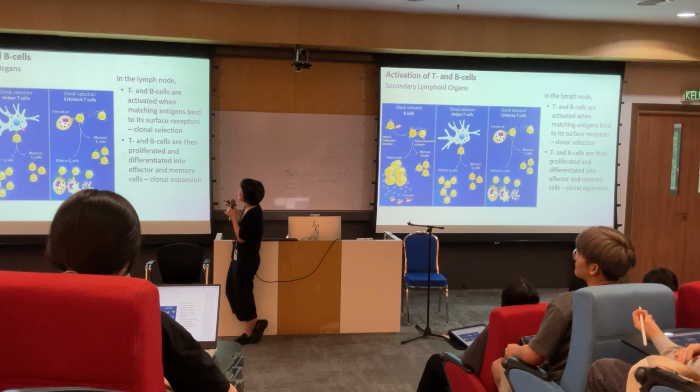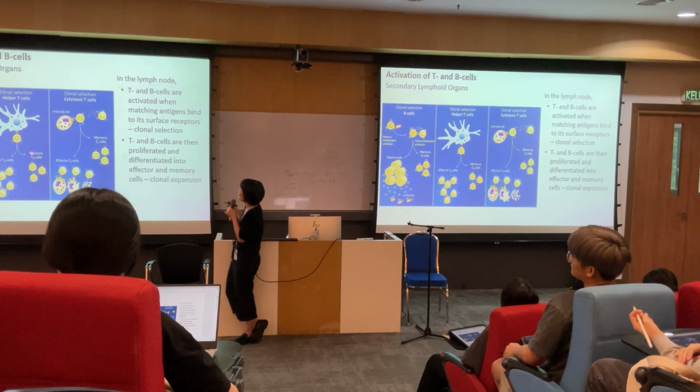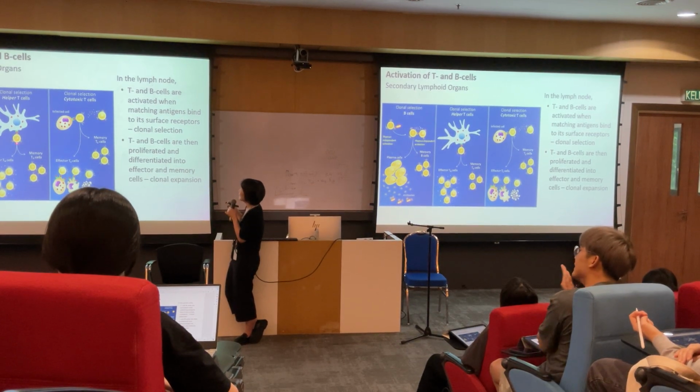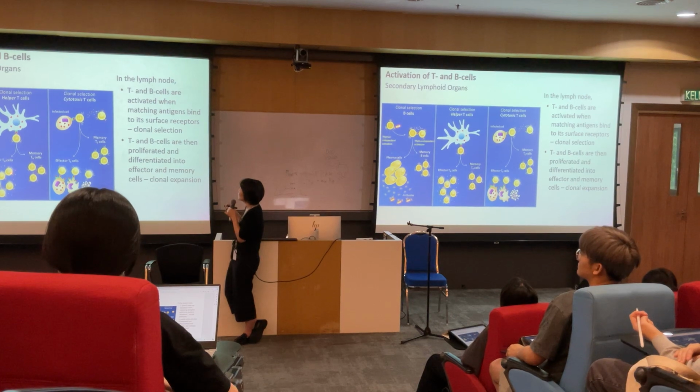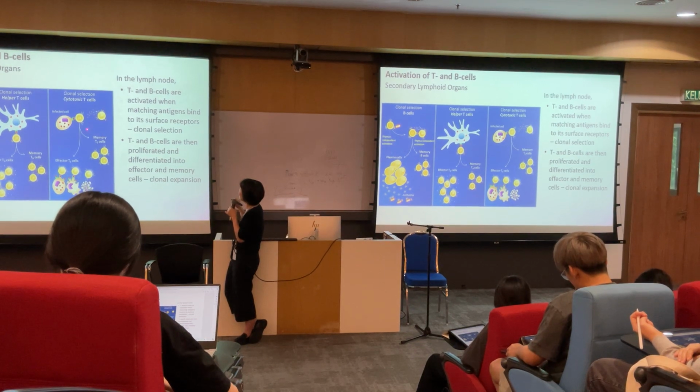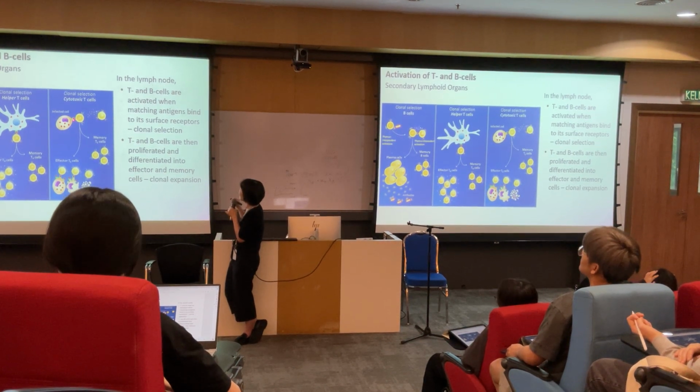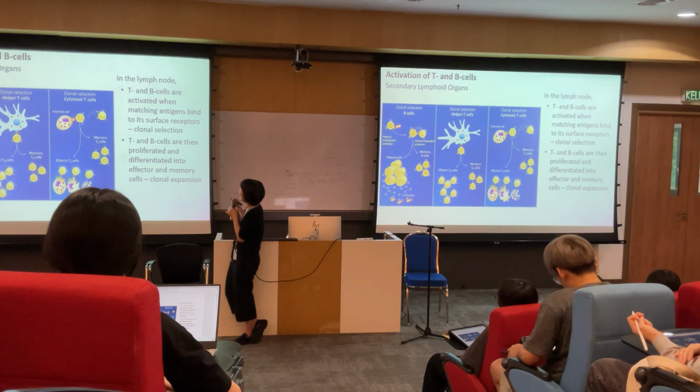But here you see that wherever in the secondary lymphoid organ, when they encounter the microbes or bacterial pathogens or APC cells, they will actually become effector T cells, meaning that they are fully functional, right? Or memory T cells. So these are the helper T cells. And for the cytotoxic T cells, the infected cells are also considered APC cells, and they present the pathogen antigens here.